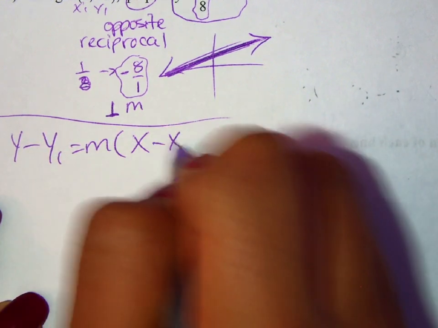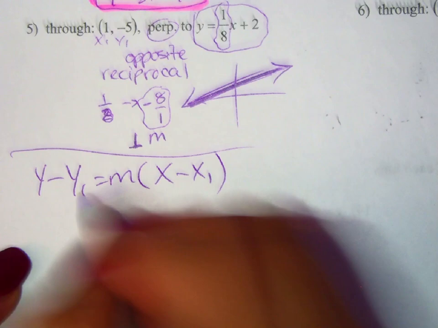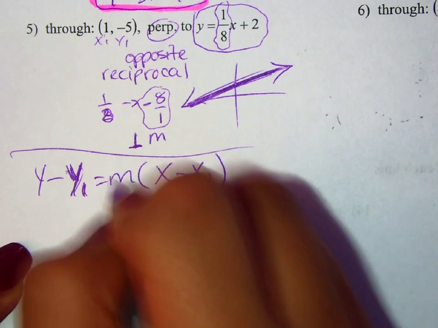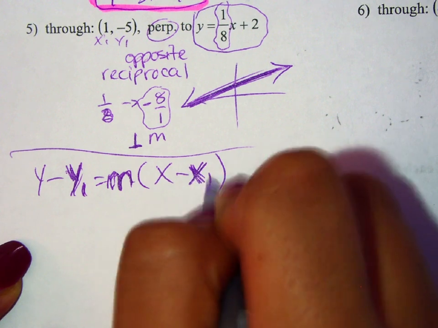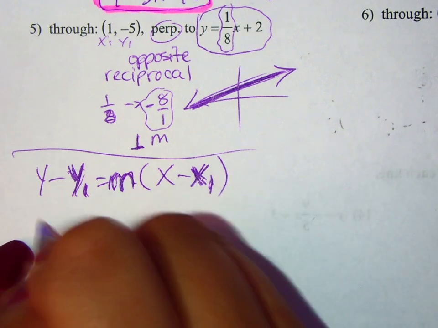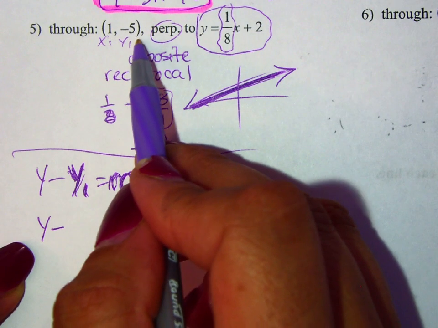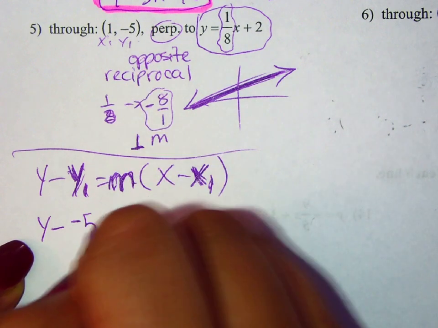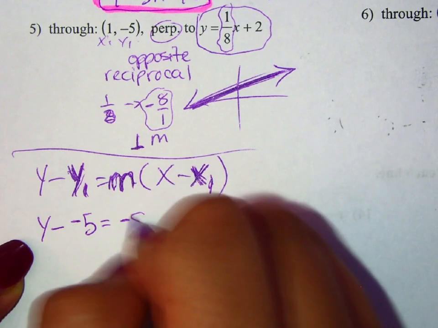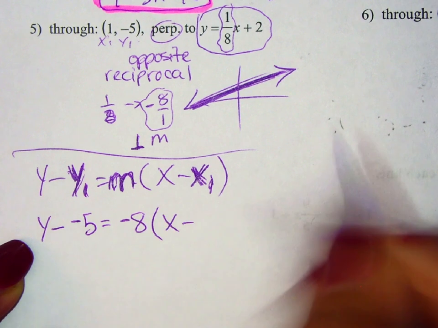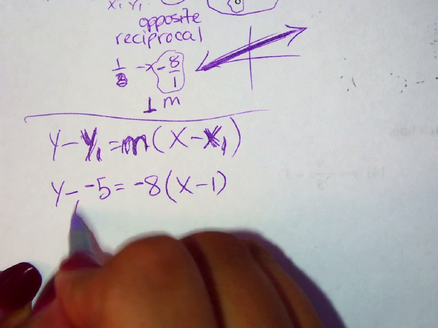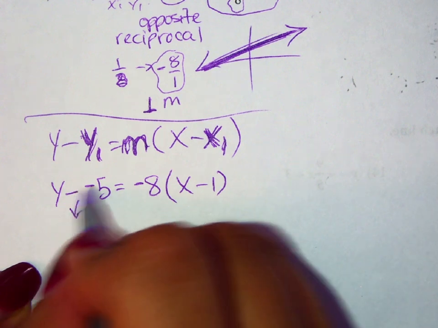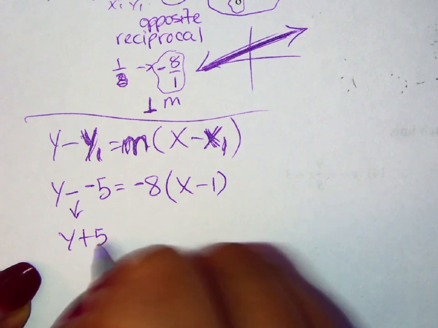m times x minus x1. And we're going to substitute the y1, the m, the slope, and then the x1. So we're going to have y minus negative 5 equals the slope of negative 8, x minus the 1. We're going to double check that this is double negative, so it's y plus 5.